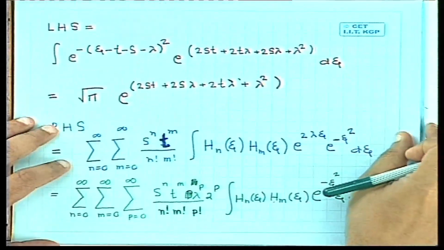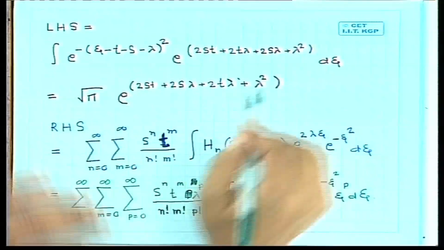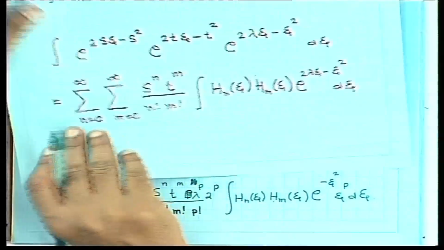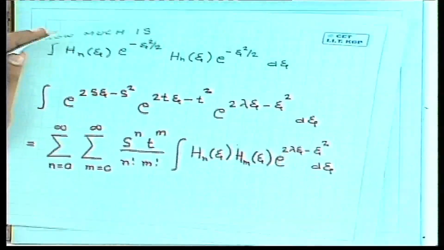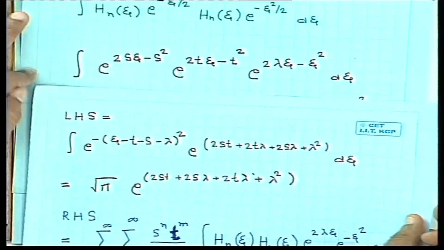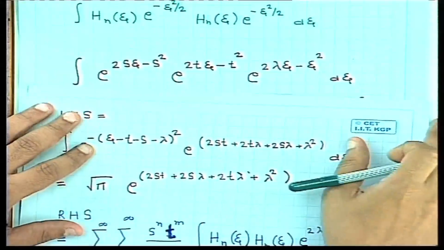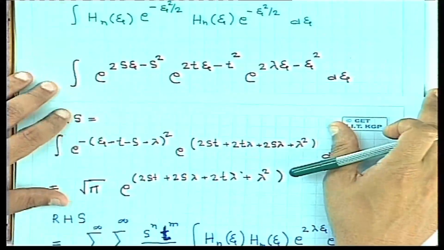Let us do it slowly. So the left hand side, let me show you the left hand side again. This is what I am calling the left hand side of the expression.